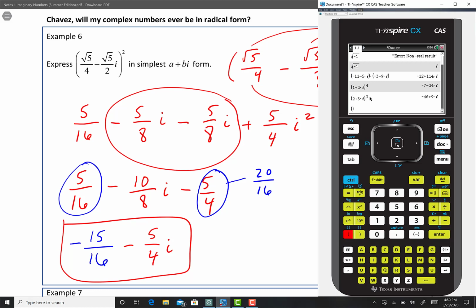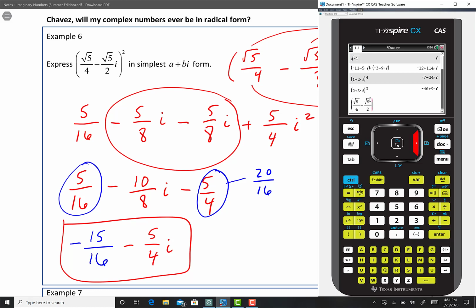So let's find out. I'm going to write, where are my little fraction thingies over here? All right, so square root of 5 over 4. And then square, minus, and then let's put that little fraction thingy again. Square root of 5, and on the bottom, let's put a 2.